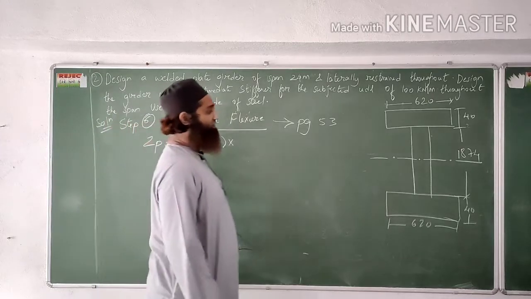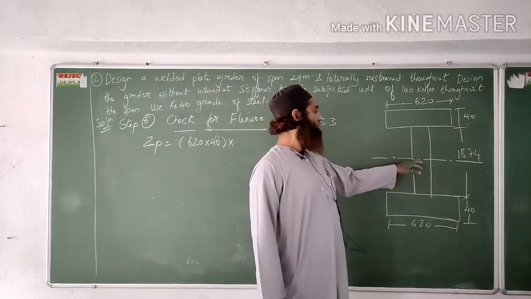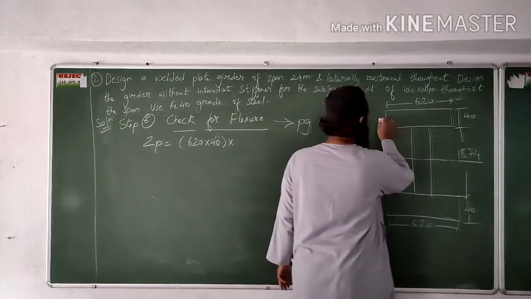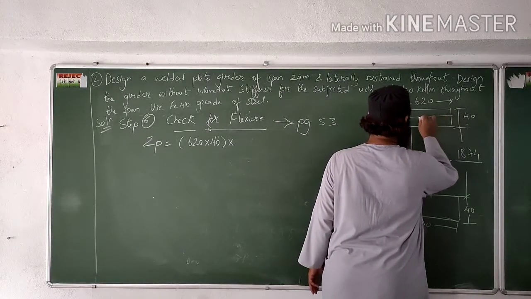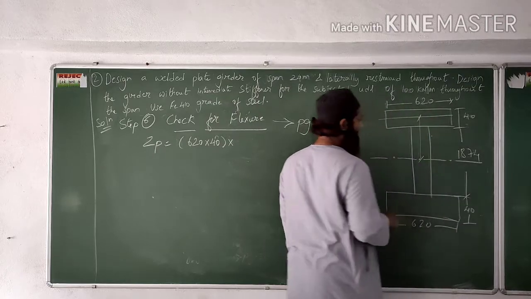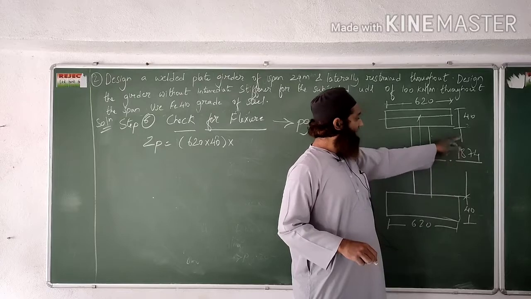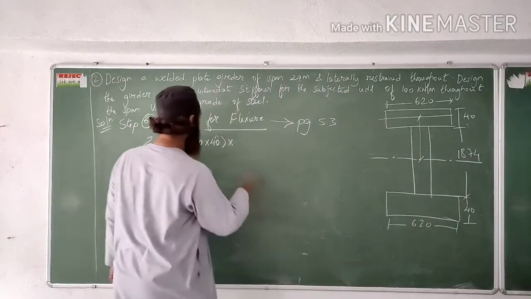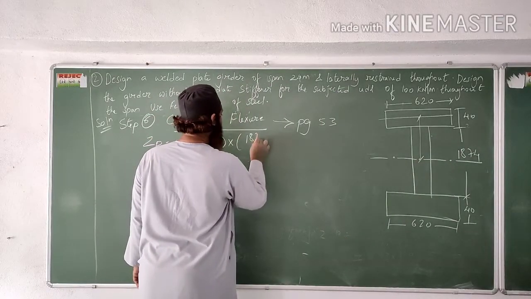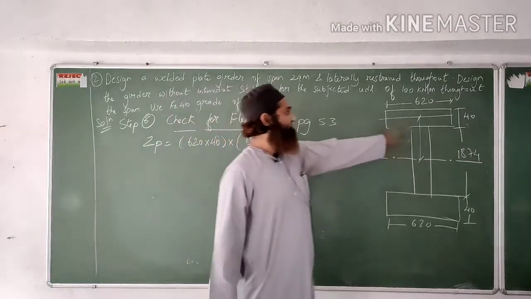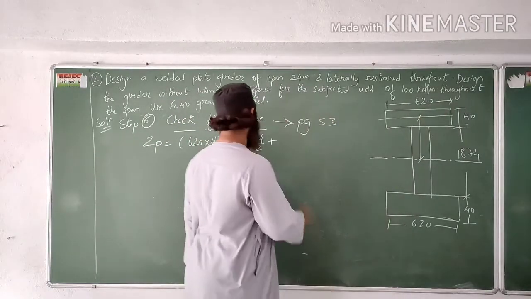The CG of the flange should be seen from the center of the I section to the center of the flange, so half of 1874 plus half of 40.